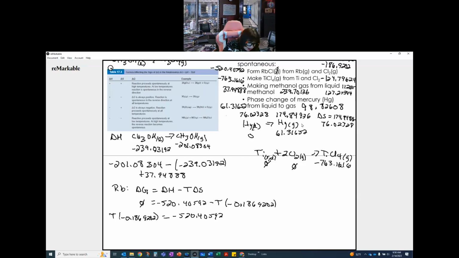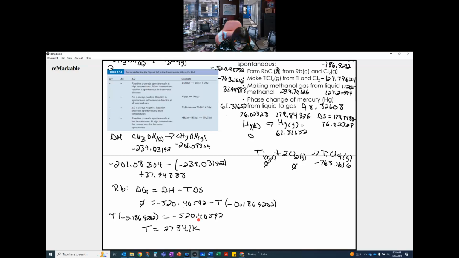So I still take that negative 520.40592 and I divide that by the answer that I just calculated. That gives me my temperature has to be 2784 Kelvin. And I'm just going to leave it as 4 sig, and I actually should leave it as 0.1.